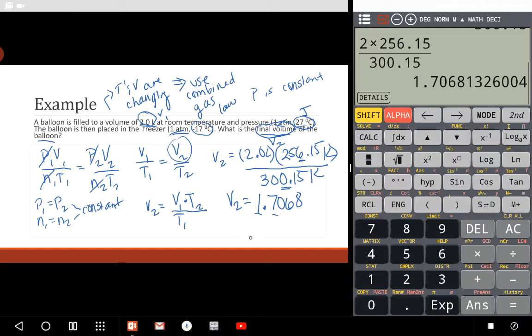I need two significant figures, and so that will be equal to 1.7 liters. We could have made that prediction by looking at the temperature, and so since temperature drops, my volume should drop. And so that's the conceptual relationship given to us by, I think it's Charles's law. So we know that our V2 should be lower, and it is.